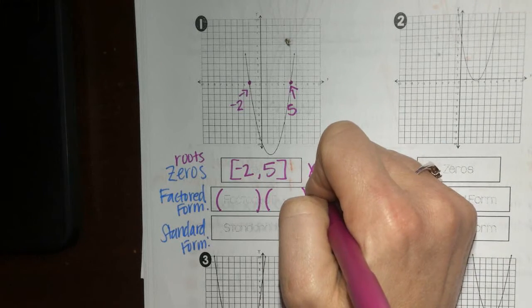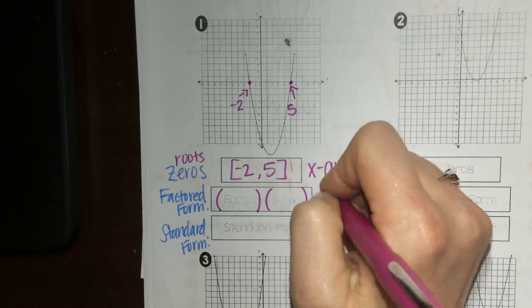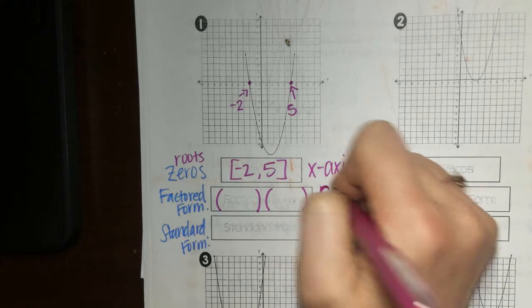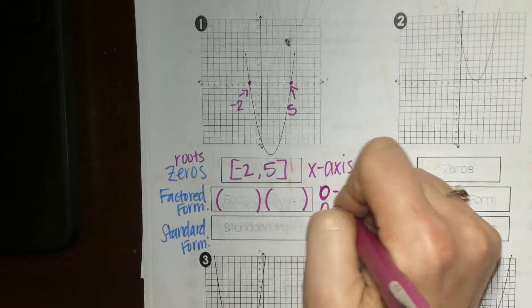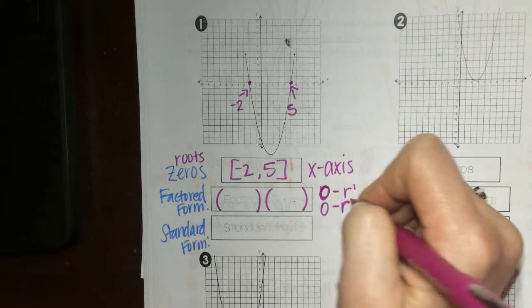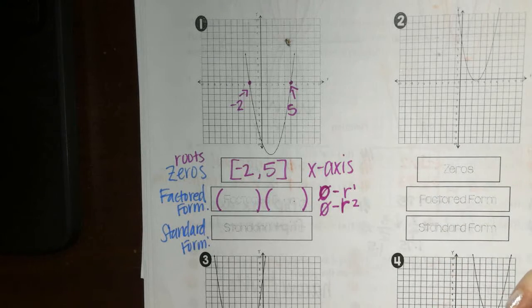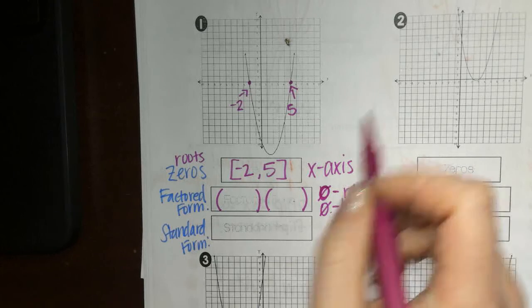The way we do that is you take 0 minus root 1 and 0 minus root 2. I'm going to make a line through the 0 so you know it's a 0.